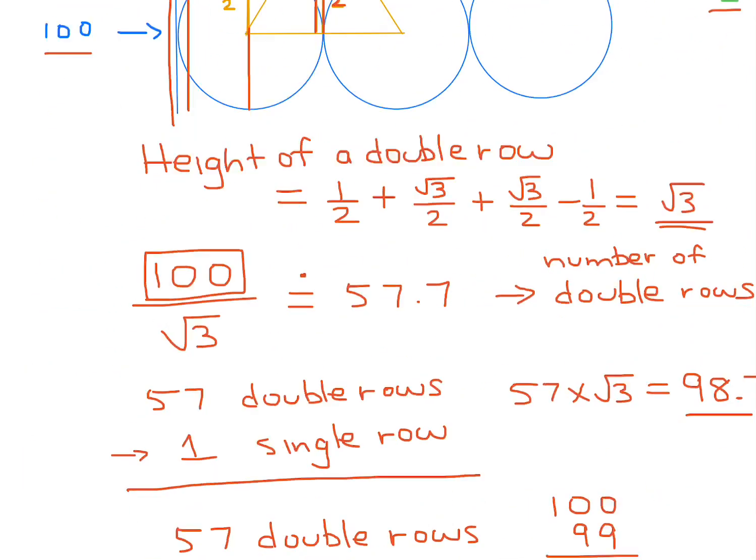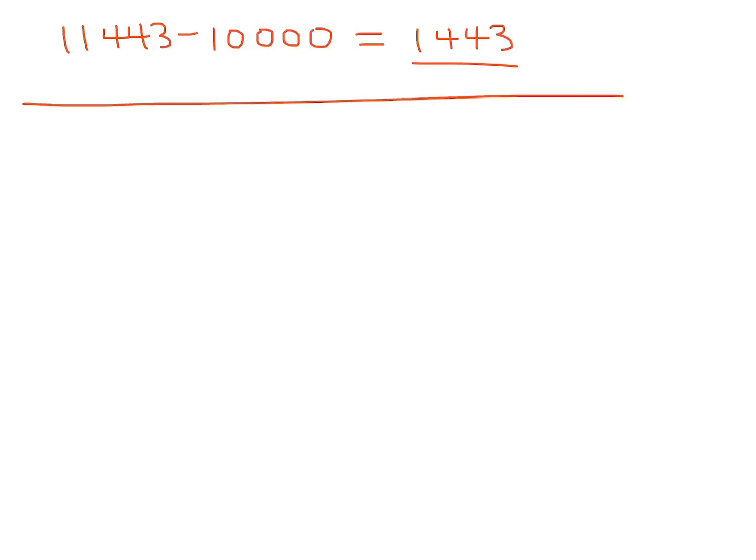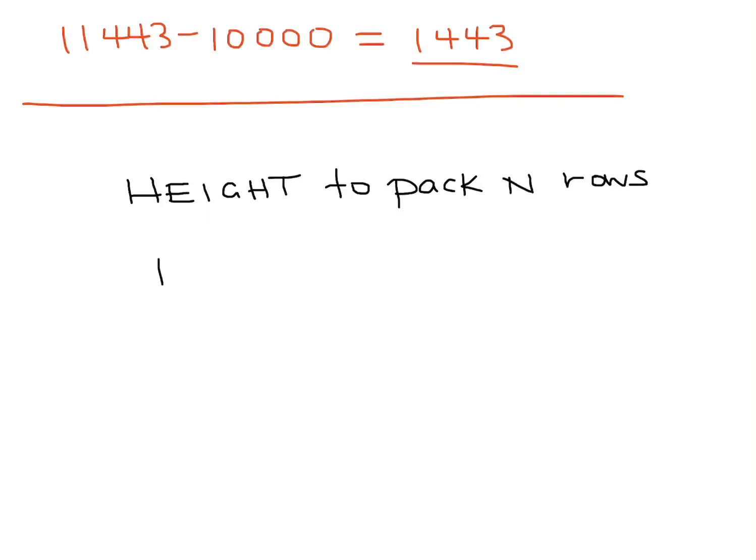And I just want to add one final addendum to this question, and I want to do that because I want this to make full sense. When you have a height calculation to pack a certain number of rows, let's say n rows, based on what I calculated, nothing else, just go back and look at what I did, the height is going to be 1/2 plus n minus 1 root 3 over 2 plus 1/2.